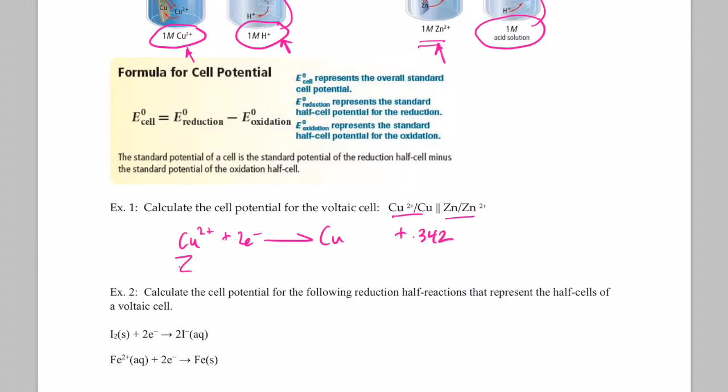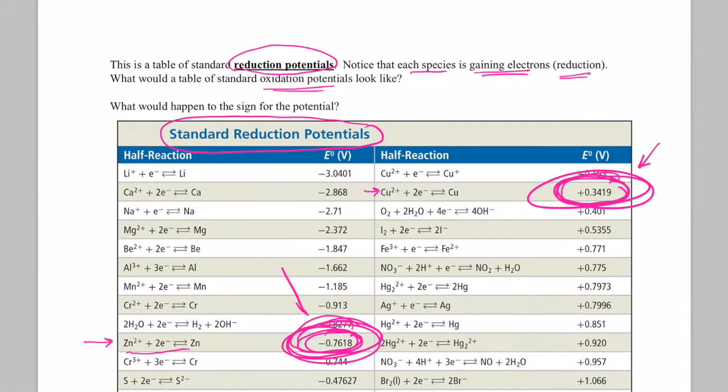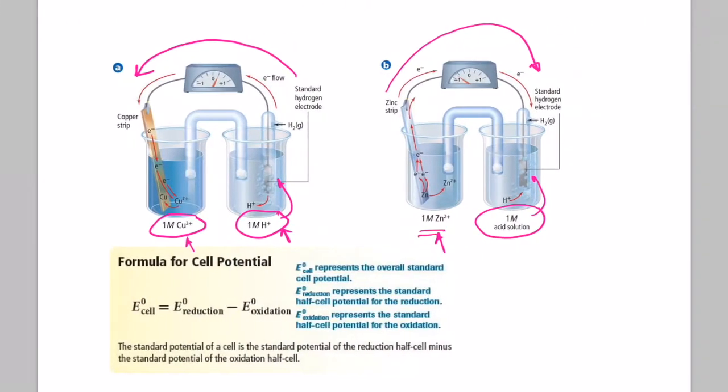And my zinc, it's becoming oxidized, folks, becoming zinc 2+ and 2 electrons. The oxidation potential of that is not negative 0.762. Remember, the oxidation potential is the backwards of this reduction potential, so it's a positive 0.762.